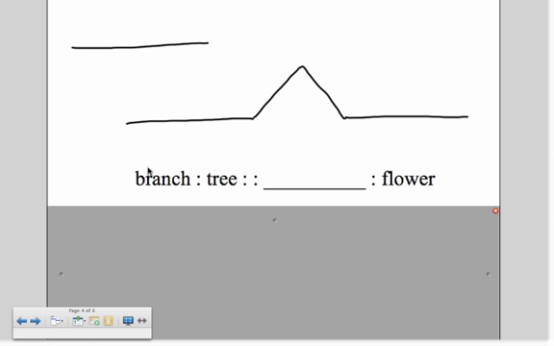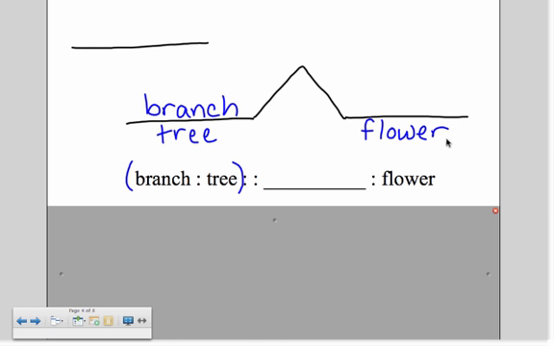Now, that first set of words is written on the left side of our map. First word, branch, is written on top. Tree on the bottom. Now in this analogy, the top word or the first word over on this side of the bridge map would be left blank, and flower will be filled in the bottom.